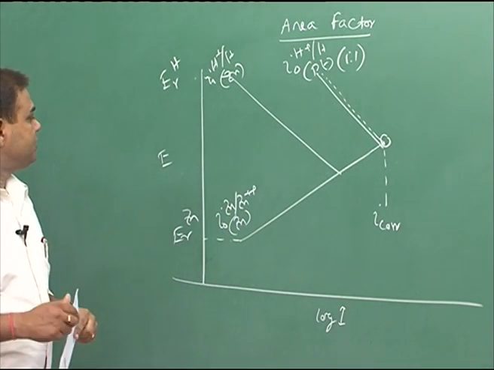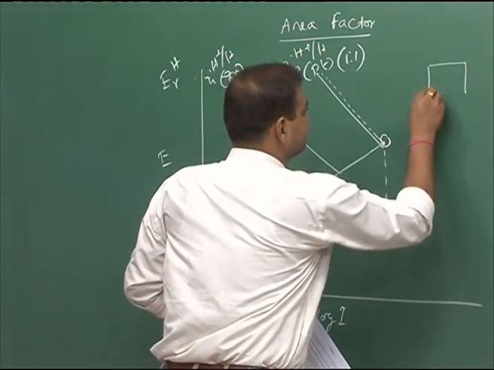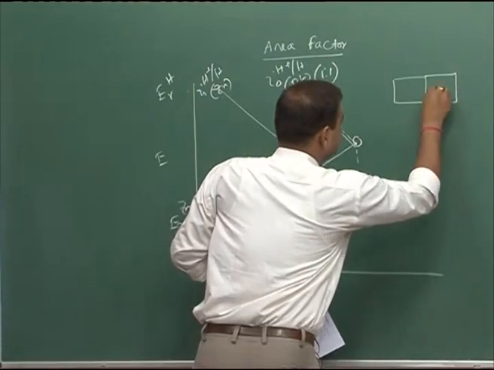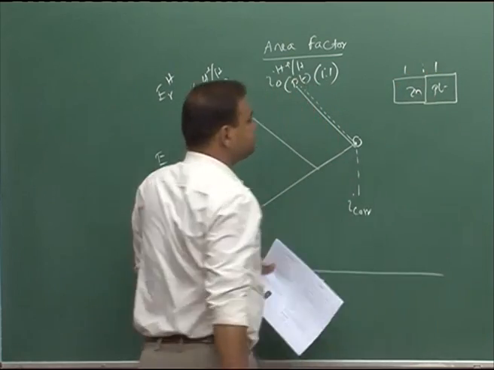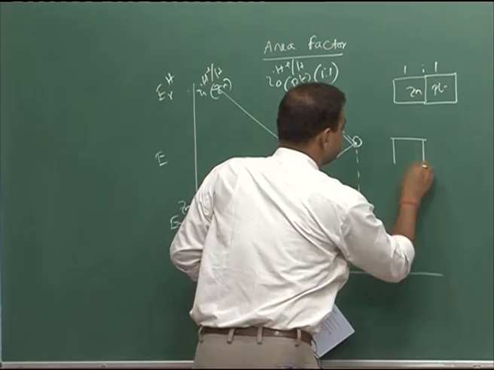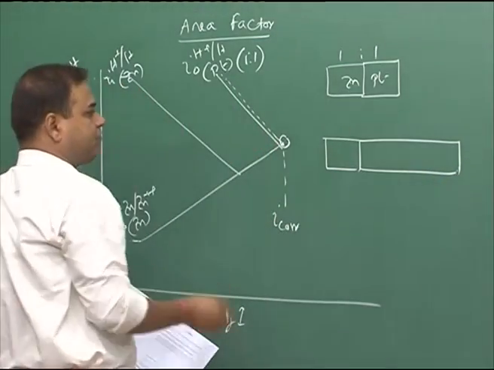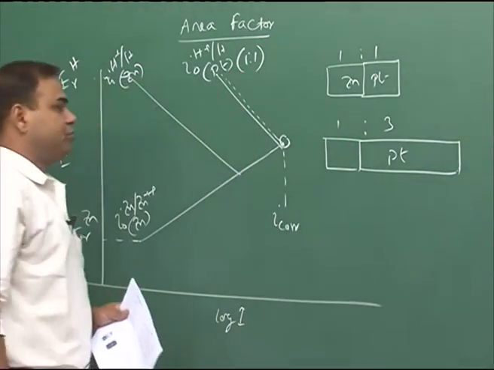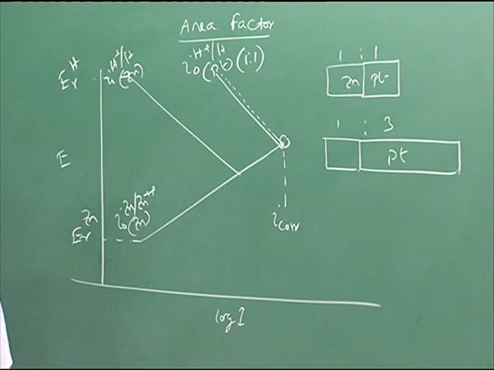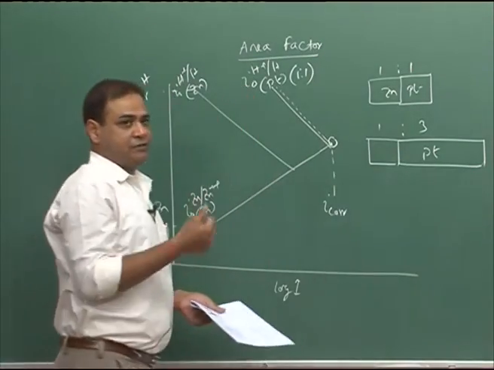Now, if we increase the platinum area, let us say initially it was the same area ratio, this is platinum, this is zinc, 1:1 area ratio. Now, if we increase this platinum area by 3-fold or 5-fold, let us say the area ratio would become 1:3, then the total number of hydrogen reactions on the platinum surface would increase.